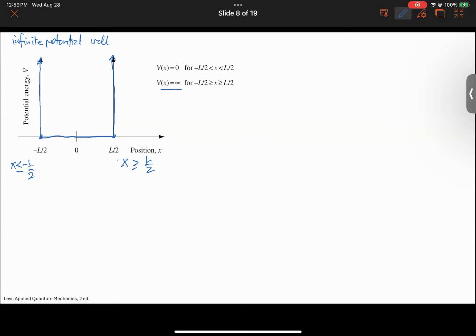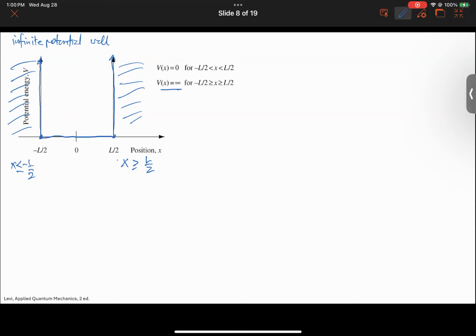And because the potential is infinite in these regions, the probability of finding a particle is zero. Because how can a particle exist in that infinite potential? The only sensible way to answer that question is that it doesn't exist in that infinite potential.